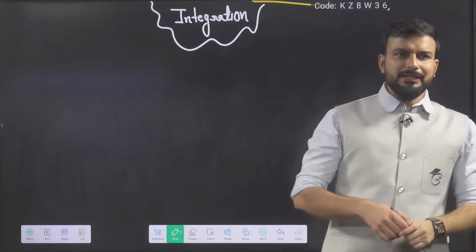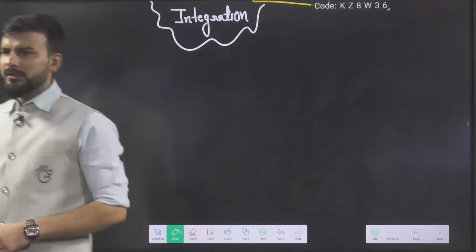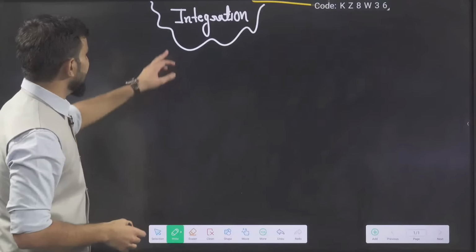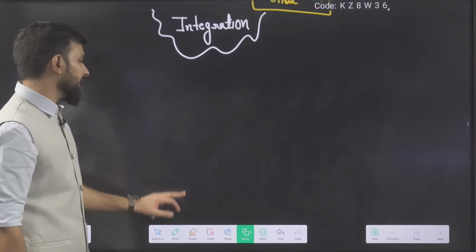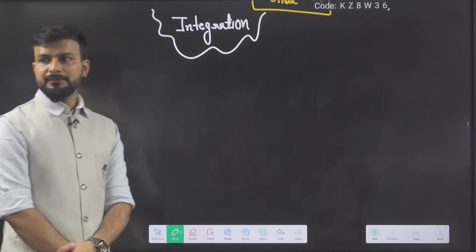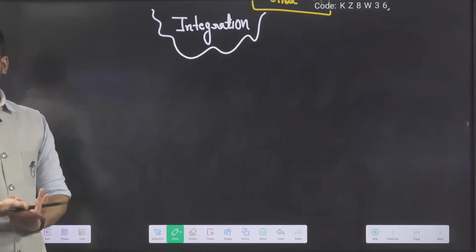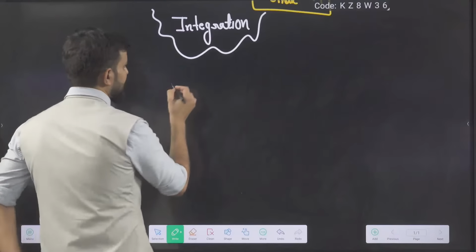Purely invented by Leibniz, right? Which is not required for us. The most important thing, integration, and it is required again to solve the numericals in physics. What are those numericals? Let's see.